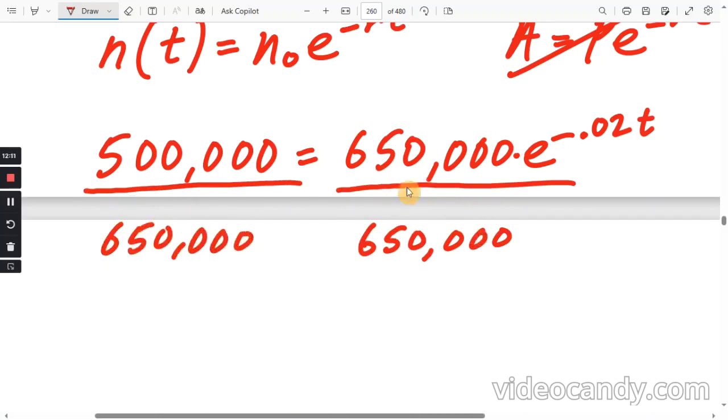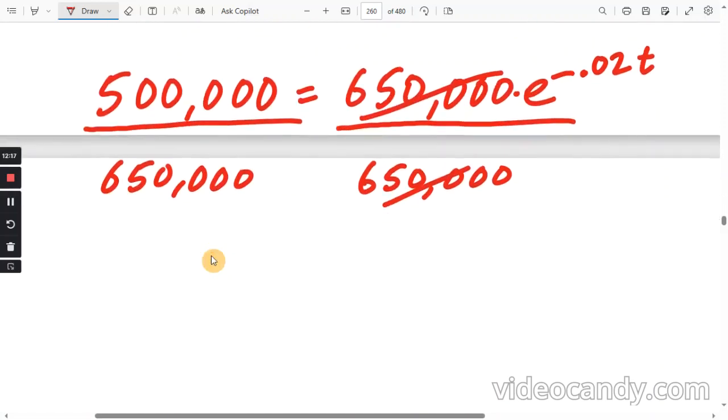On the right-hand side, 650,000 divided by itself, that's gone. On the left-hand side, you can leave it as is or cancel some of the zeros. Here I'll cancel 3 zeros top and bottom, and I'll just leave it as 500 over 650. Okay, I didn't change anything. I just reduced it. It doesn't matter anyway.